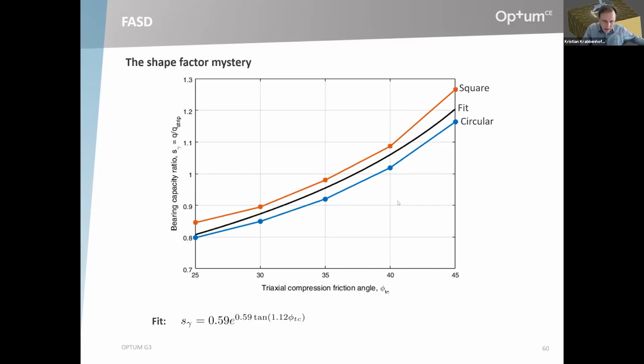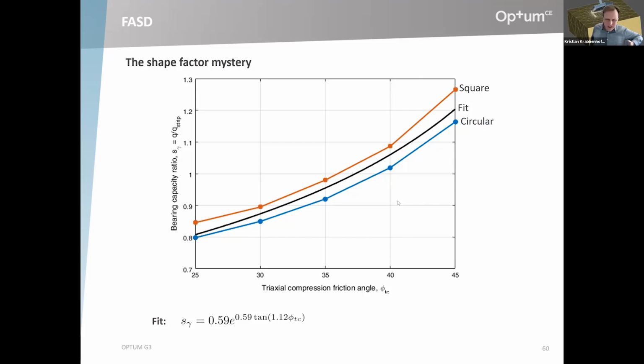Yeah, I mean that's the thing with lab tests, the conventional lab tests: direct shear and triaxial compression, maybe triaxial extension. The direct shear, of course, would be more representative of plane strain conditions.